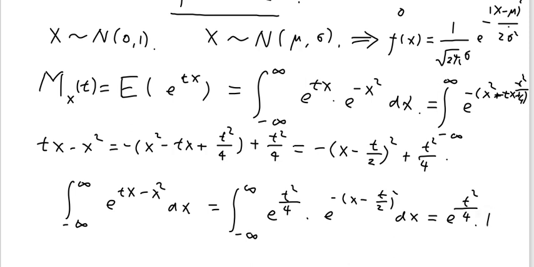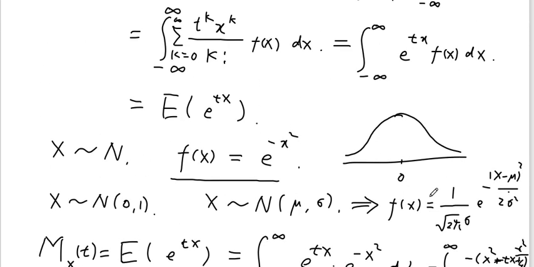So the moment generating function for the normal distribution is e^(t^2/4) multiplied by some constant. Forget the constant.